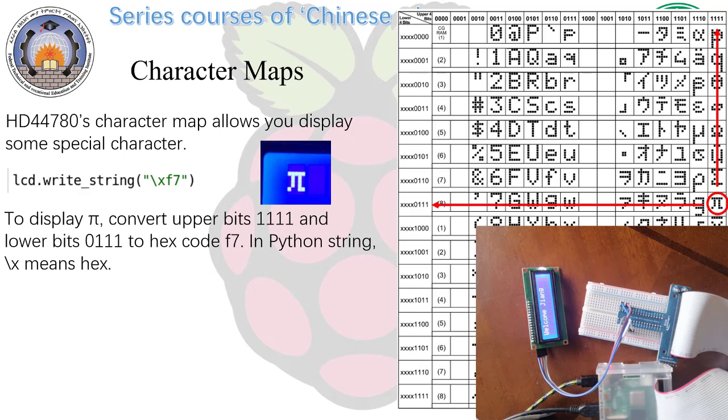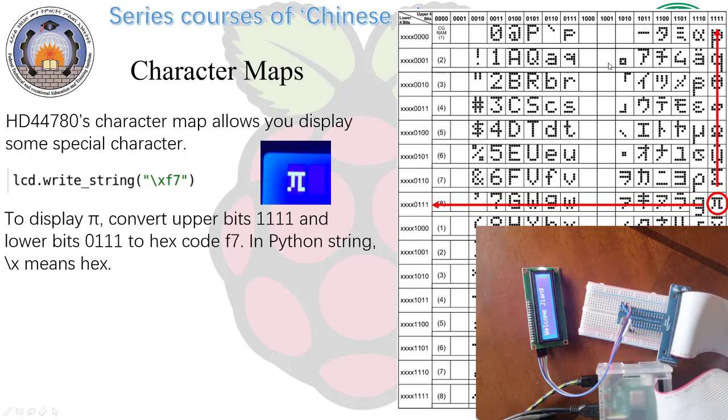The third example: if we want to show some special character, we need to use character maps. For every LCD, you can check its data sheet. There are some character maps included. For example, now I want to show the character pi. This pi is special. You cannot directly input it. So we need to check its character map.